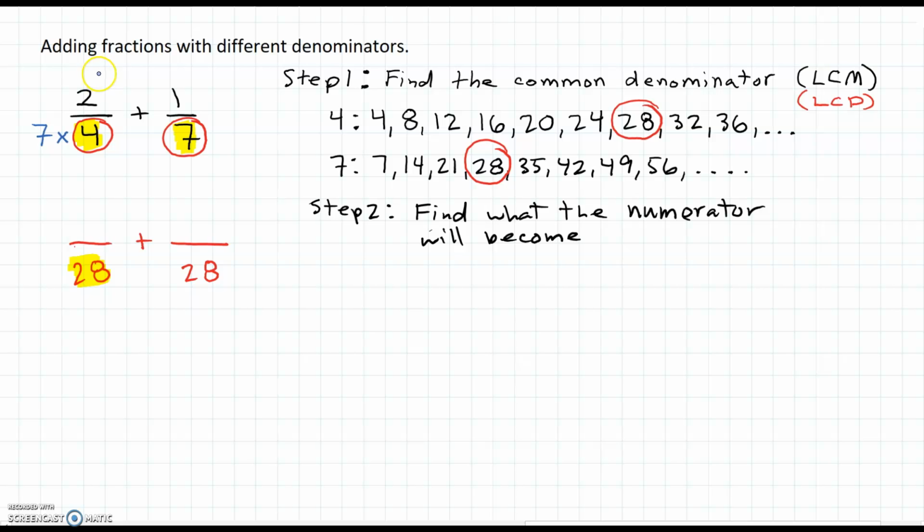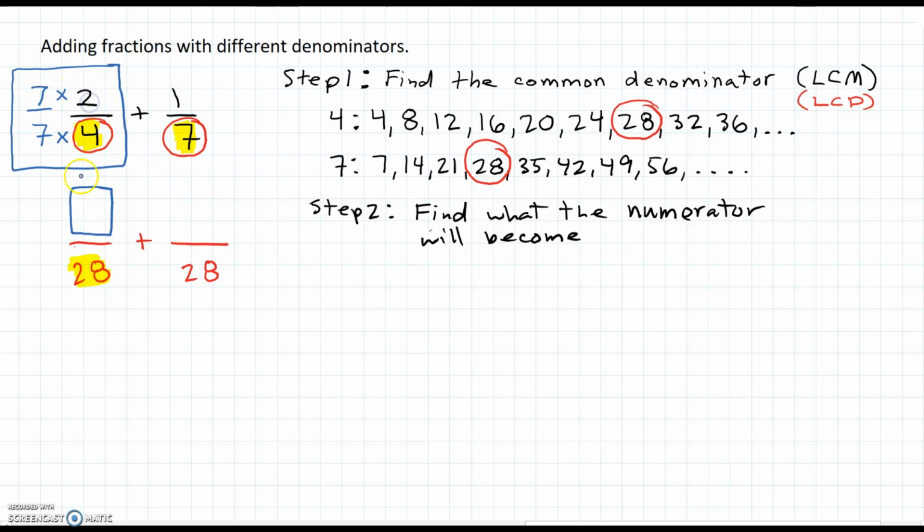So if we look at this problem here, if I multiply the denominator by 7 and get 28, I need to think, how is that going to influence this numerator here? And what I would have to do, I also have to multiply the numerator by 7.